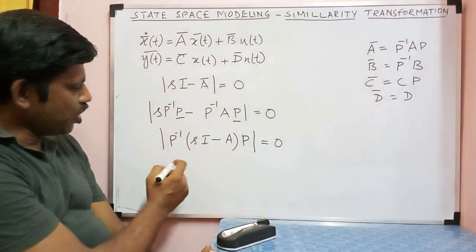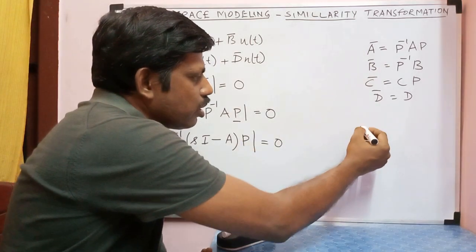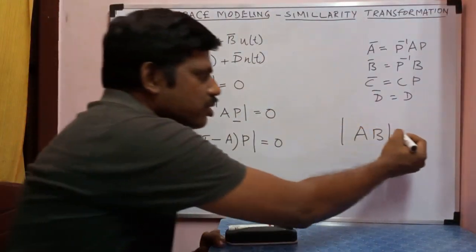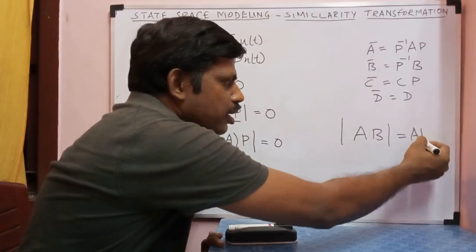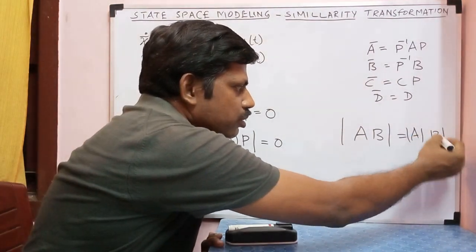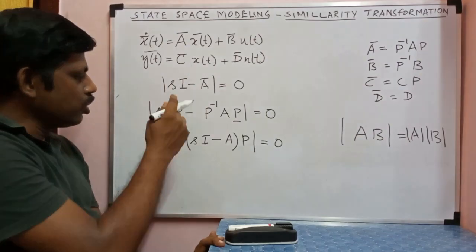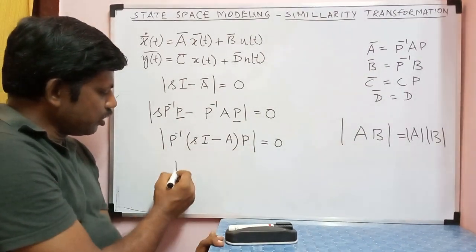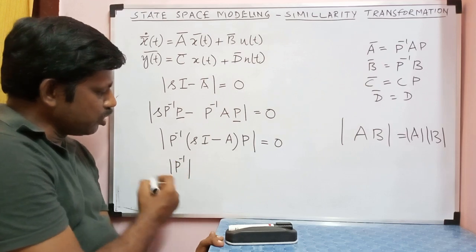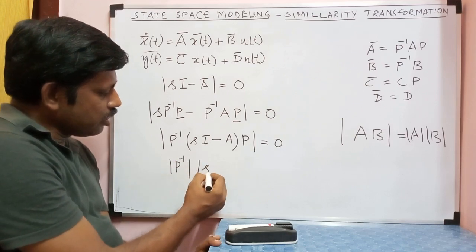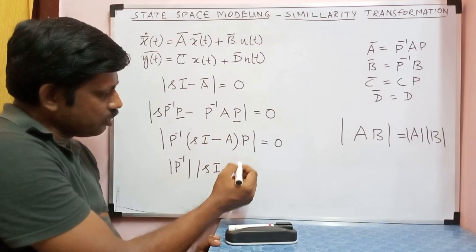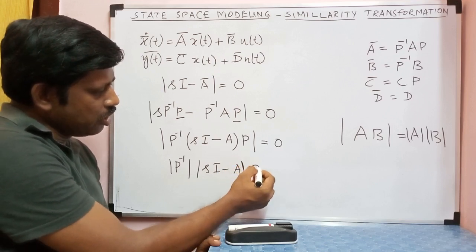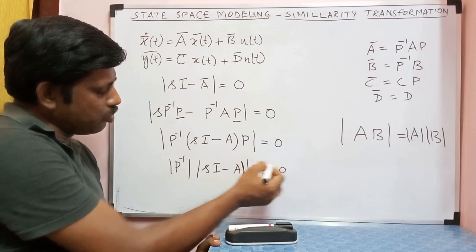Now, if I have two matrices, the overall determinant is nothing but determinant of A into determinant of B. This is from the matrix theorem. So I can take individual determinants here: determinant of P inverse, determinant of sI minus A, and determinant of P equal to 0.